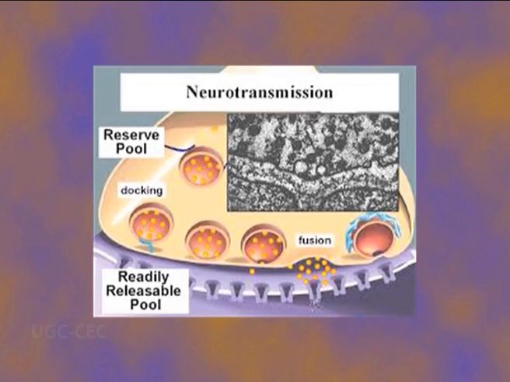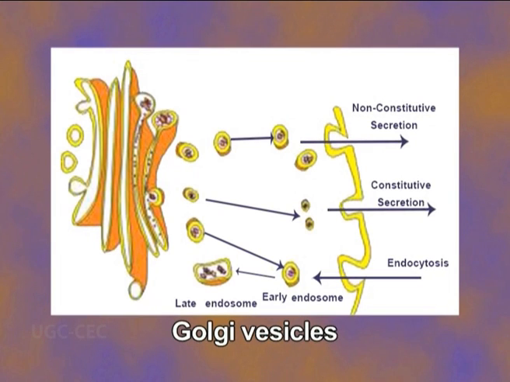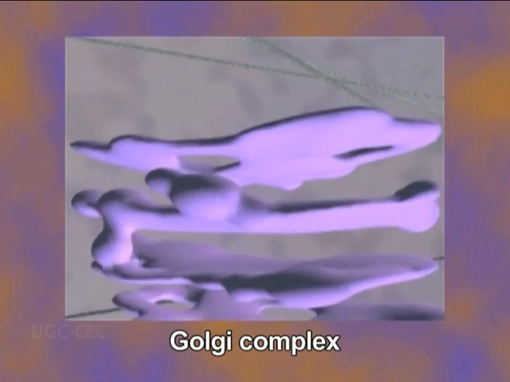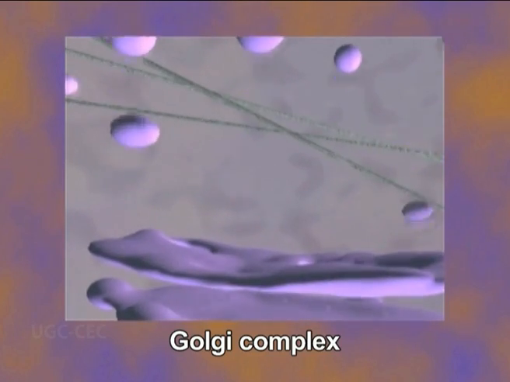In the regulated pathways, molecules are stored in secretory vesicles, as in the case of hormones, or as synaptic vesicles in the case of neurotransmitters, which do not fuse with the plasma membrane to release their contents until an extracellular signal is received. Regulatory pathways of exocytosis operate only in specialized secretory cells. Constitutive secretory pathway operates in all cells, mediated by continual vesicular transport from the trans-Golgi network to the plasma membrane.